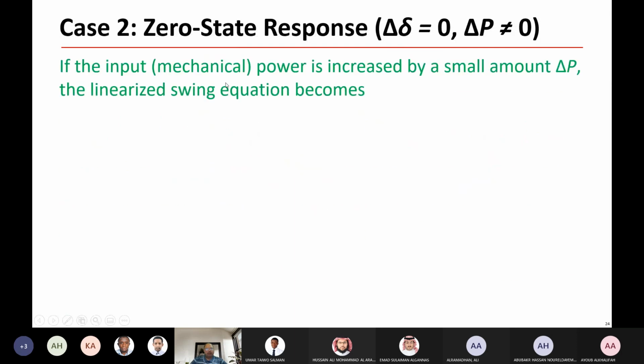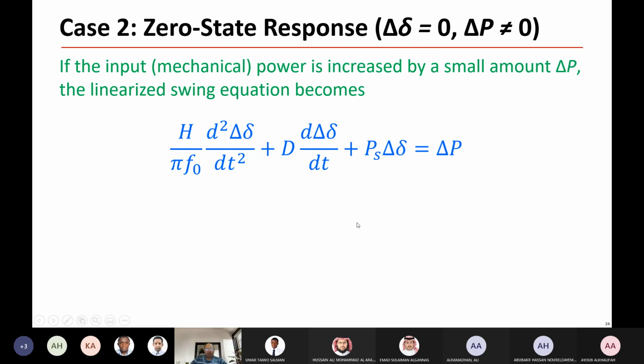If the input, which is the mechanical power, is increased by a small amount delta P, you replace P mechanical by P mechanical 0 plus delta P. So you can write the equation here.